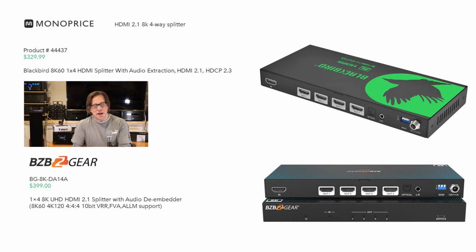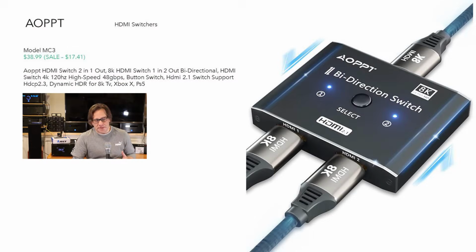Both support HDMI 2.1, but I really didn't want to spend this much for this splitter. I wanted to see if I could get away with something really cheap. So I went on Amazon and I found this AOPPT device. There's actually several variants of this.